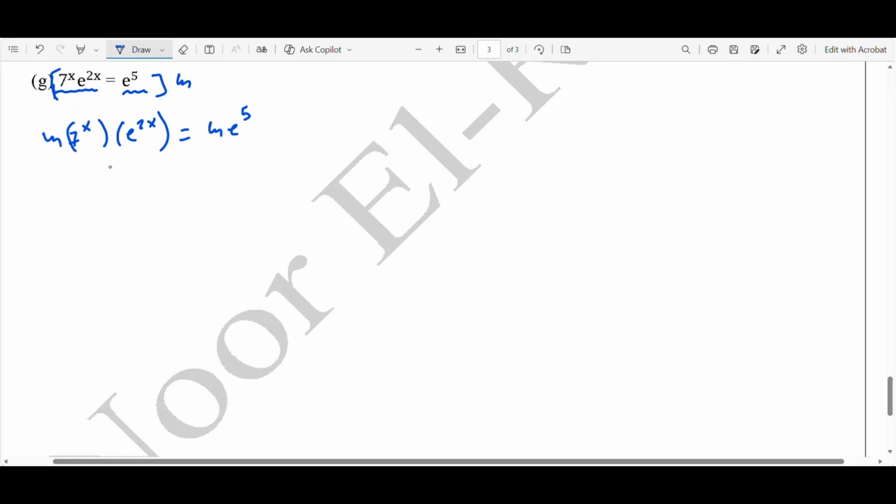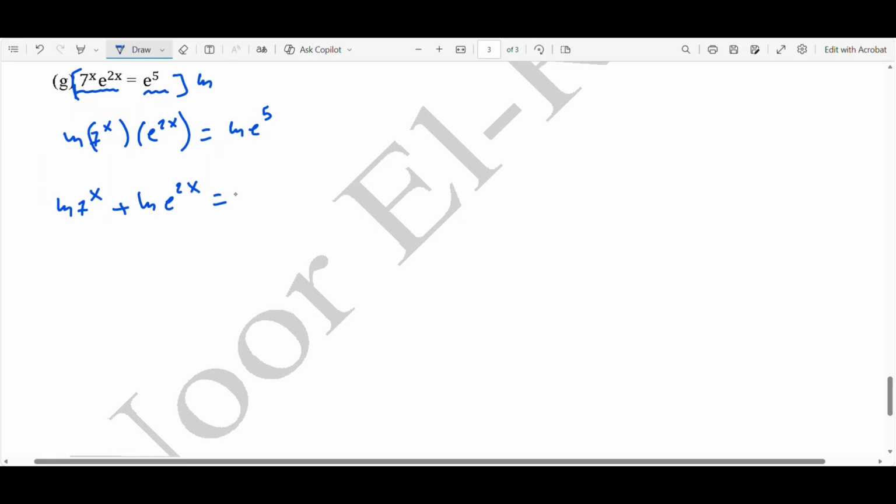I have multiplication, so if I want to split them, I will have addition. ln 7^x + ln e^(2x) = ln e^5.